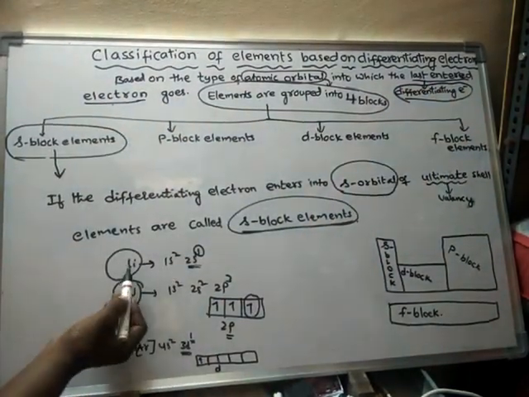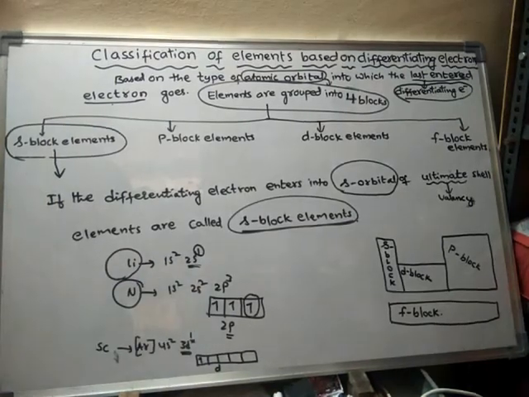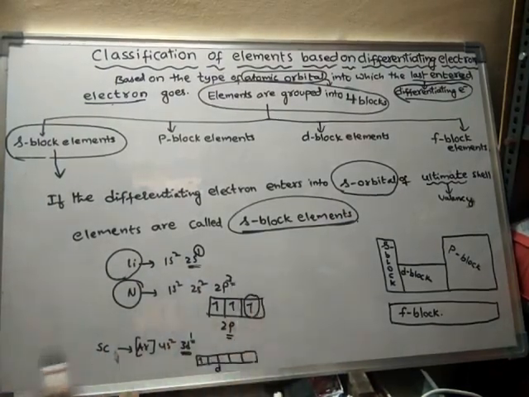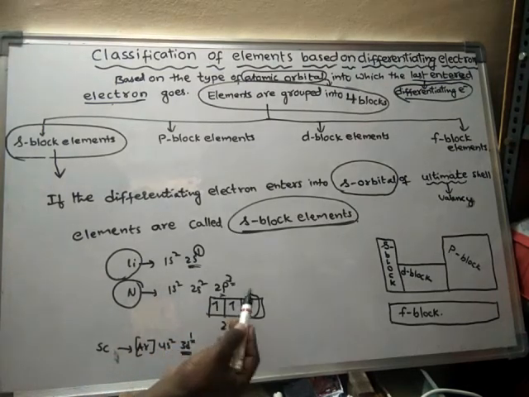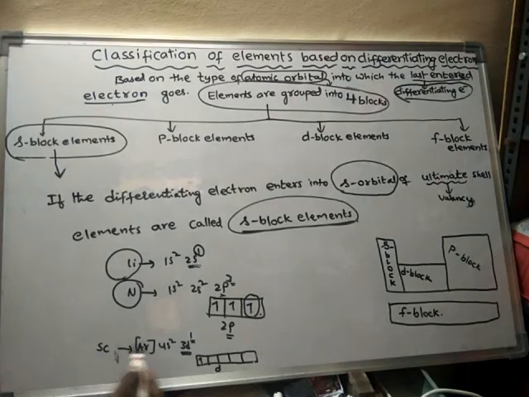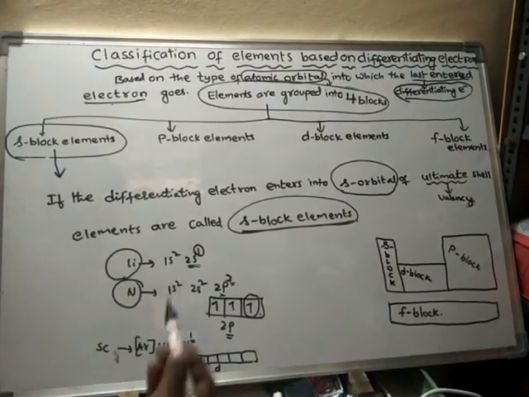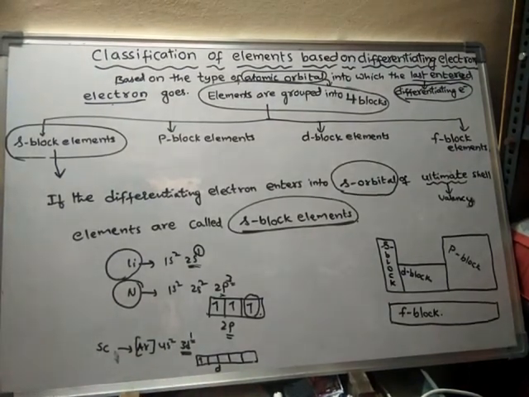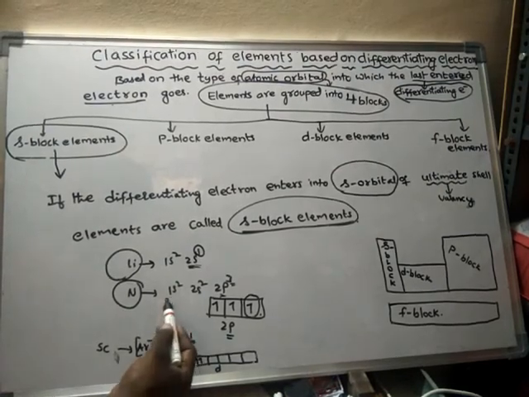See here, in lithium this is the differentiating electron. In nitrogen this is the differentiating electron, which means the differentiating electron is present in p orbital. In scandium this is the differentiating electron. Differentiating electron means last entered electron.